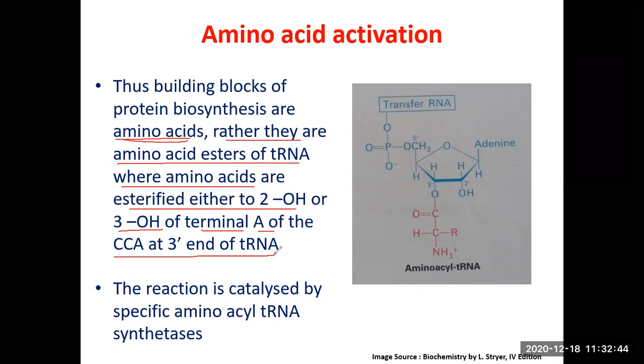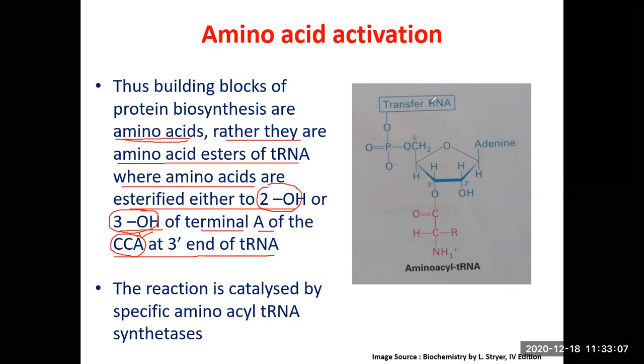So free amino acids do not participate in protein biosynthesis; they participate as esters of tRNA, esterified to either carbon number 2 or carbon number 3 of the terminal A of the CCA.